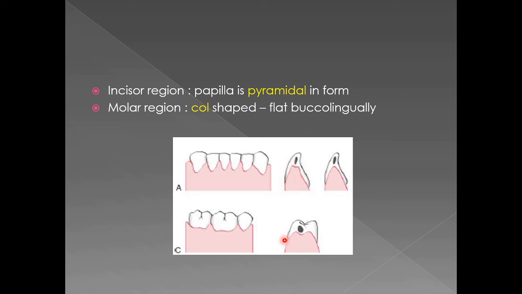But whereas in the molar region it is called as a col shape because of a valley-like depression connecting between the buccal and the lingual papilla. So this is mainly because of the positioning of the contact point in the proximal surface almost at the mid-tooth level.